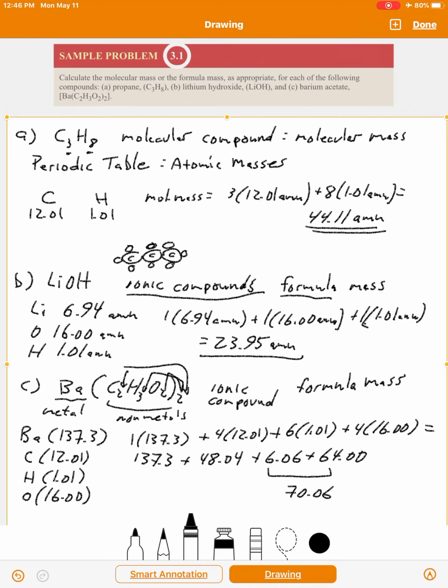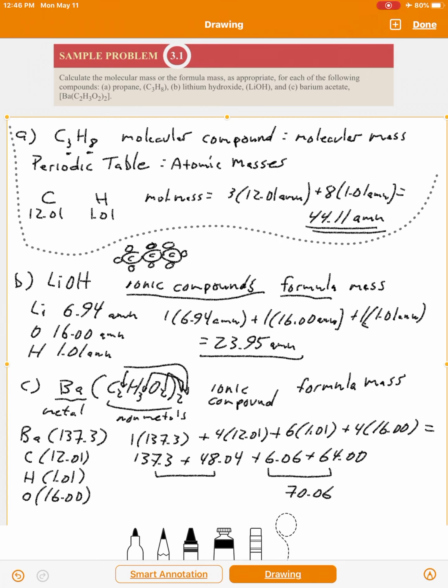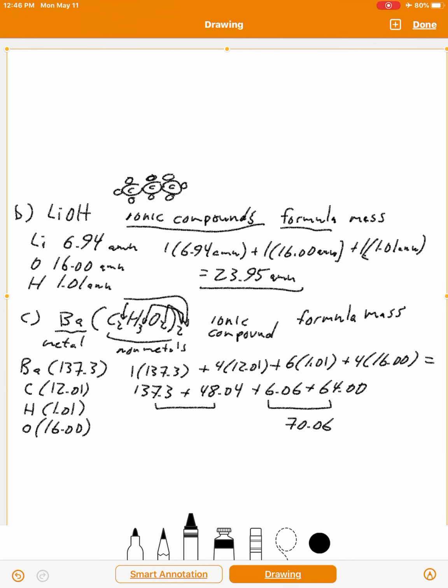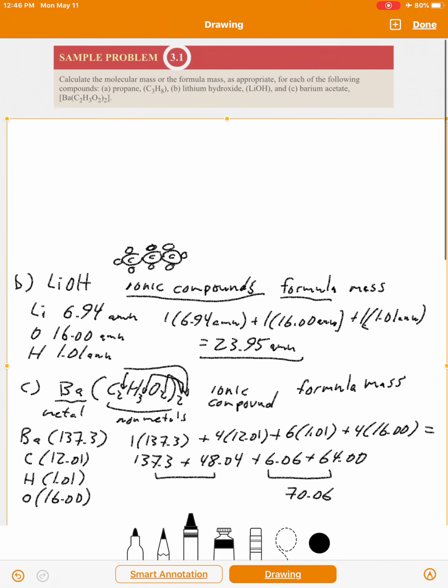And if you add these two together, well, let's go ahead. I'm just going to make a little space for myself up at the top. It's very easy to make mistakes when you're not using a calculator. Of course, you can use your calculator. Okay, so let's just go ahead and add these up. 137.3, 48.04, and then 70.06.